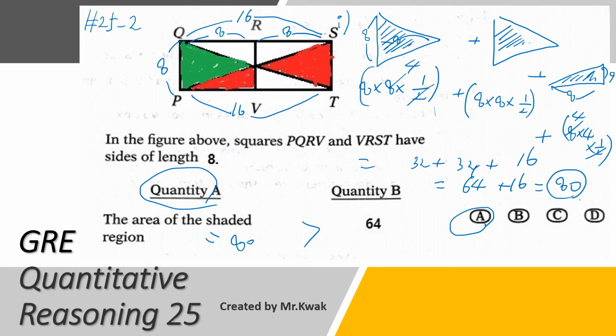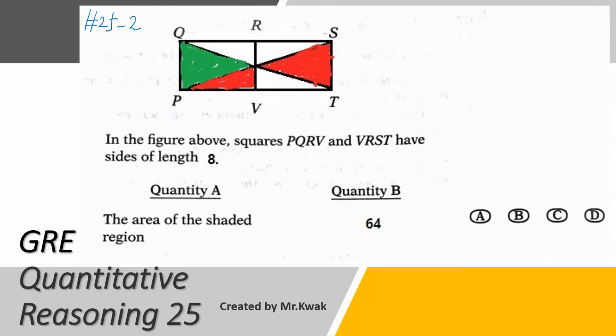Yes, right. So this time, we already know the result of quantity A is 80, and it is larger than quantity B, so not to make the same mistake, we can write it down this way. So A is the answer.